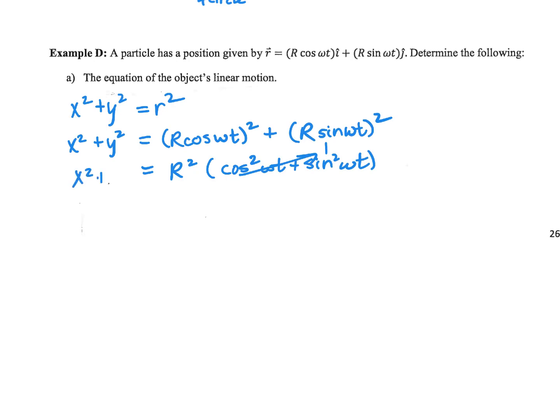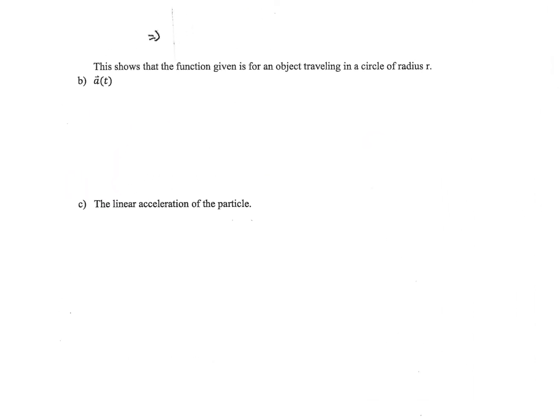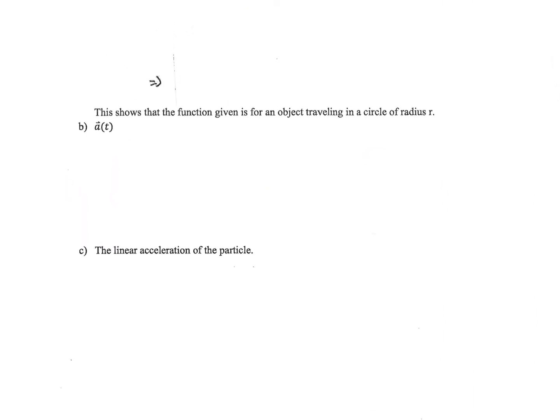So we do get x squared plus y squared equals r squared. That's pretty cool. We knew that because it's a circle, okay? So now, how do we find the next piece of this, which is find what?